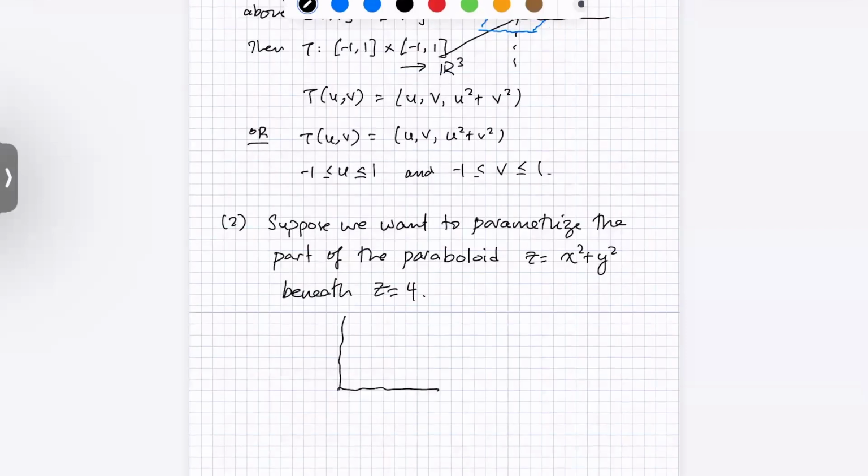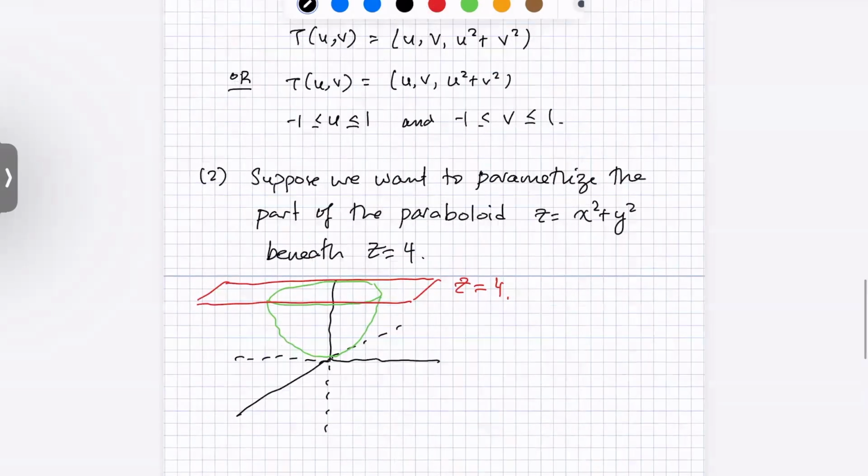So let's see what this looks like. I have a paraboloid, but I'm cutting the paraboloid off in the plane z equals 4.